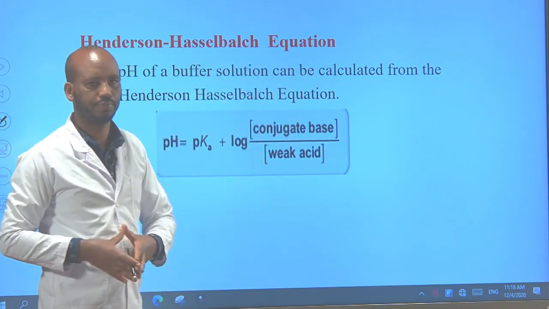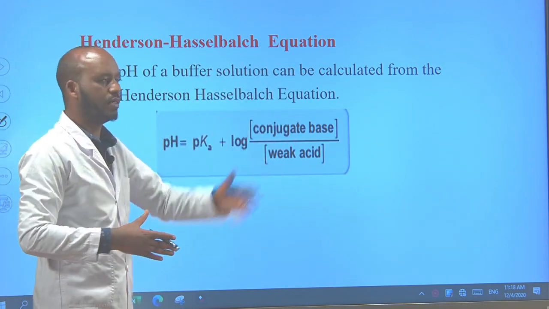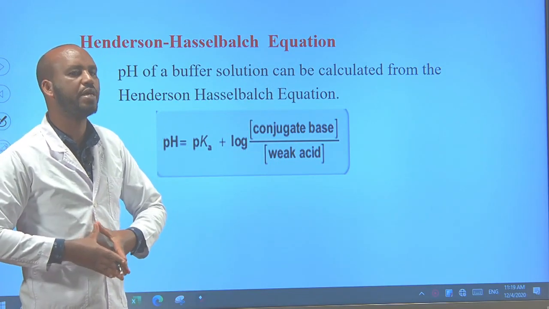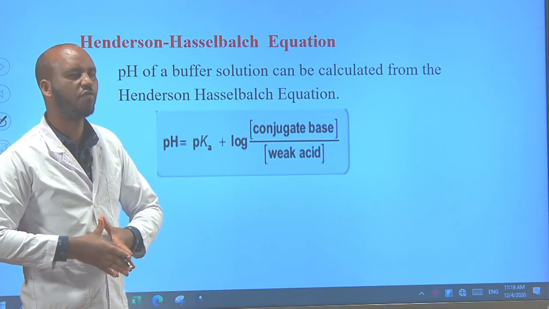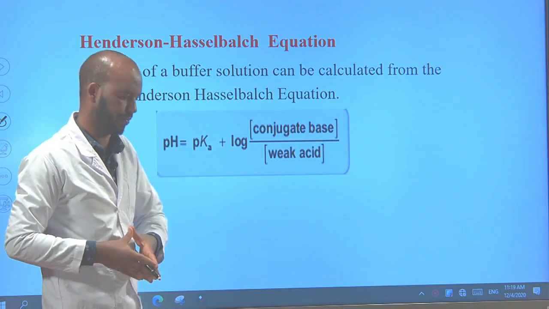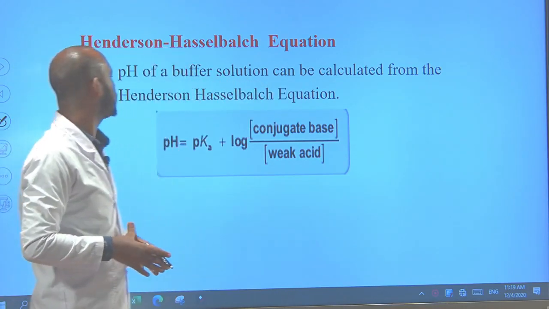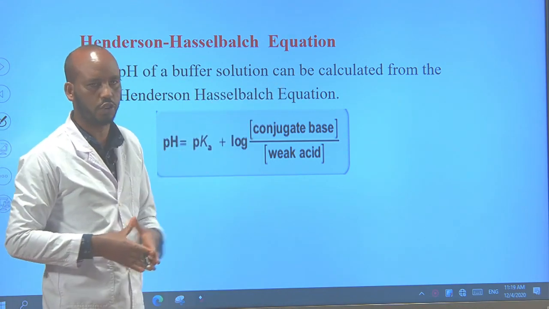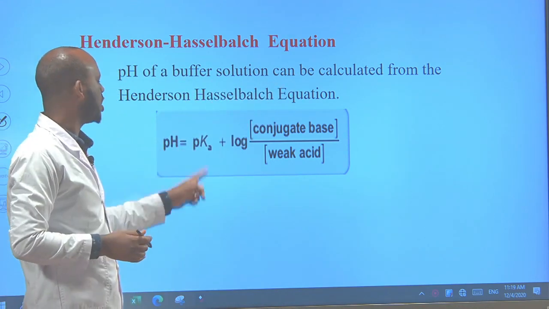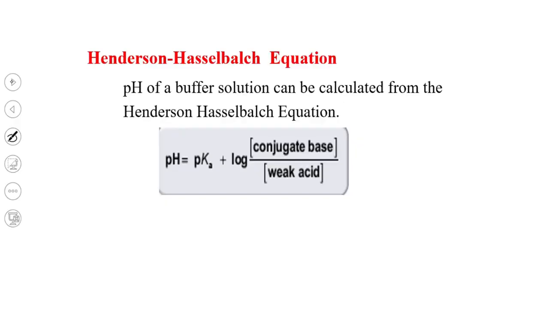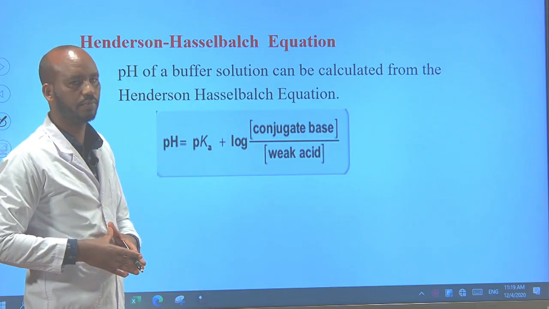Henderson-Hasselbalch equation. This equation enables us to calculate the pH of an acidic buffer solution. The pH of a buffer solution can be calculated from the Henderson-Hasselbalch equation, which is pH equals pKa, the negative logarithm of Ka, plus log of the conjugate base concentration divided by the acid concentration.